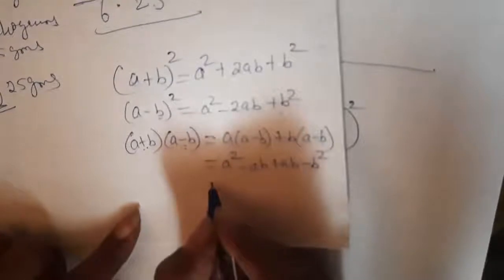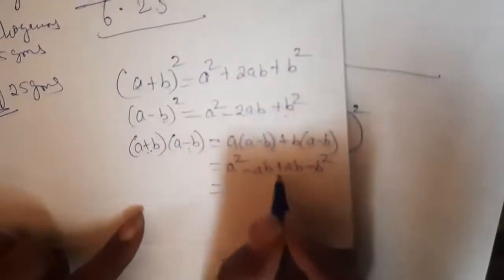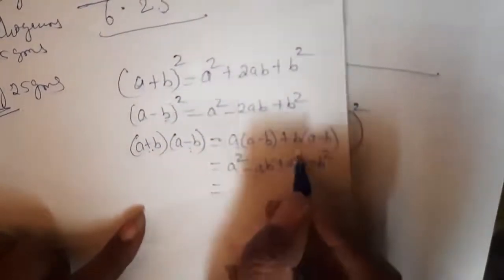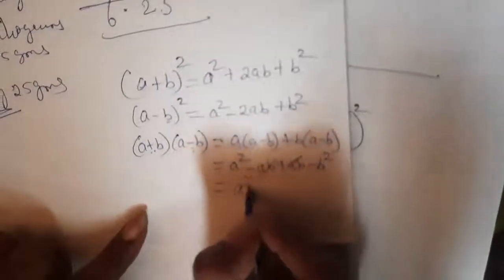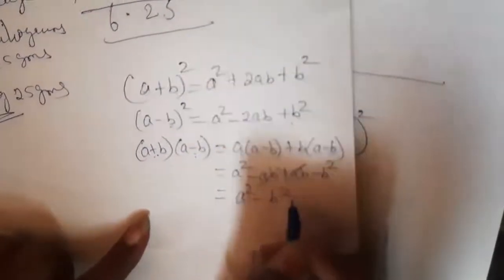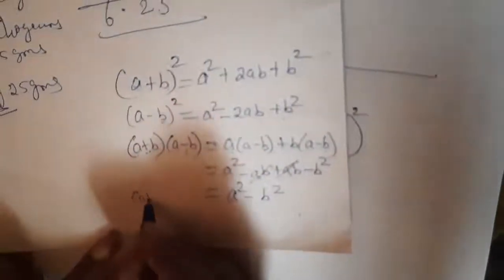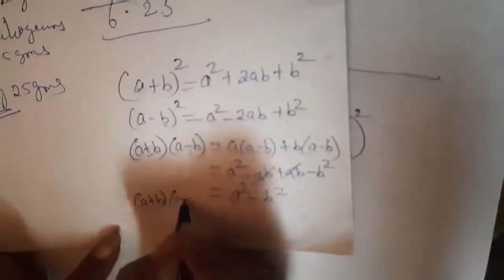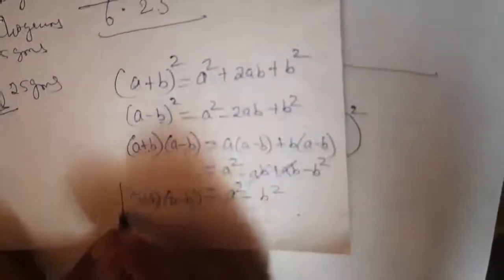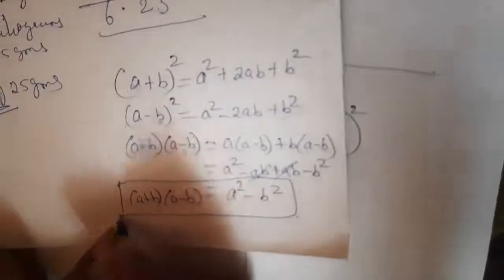So here, a square minus ab plus ab: minus ab plus ab will cancel each other. So thus we have a square minus b square. Therefore, for a plus b into a minus b, the formula is a square minus b square.